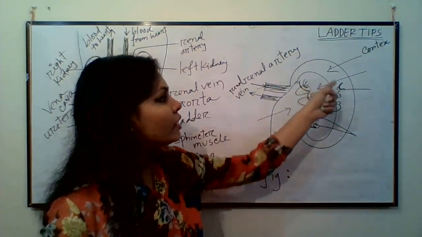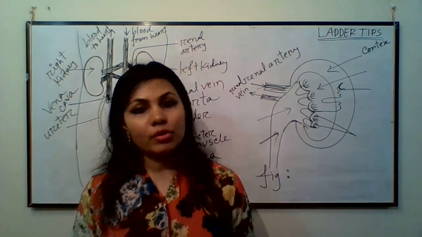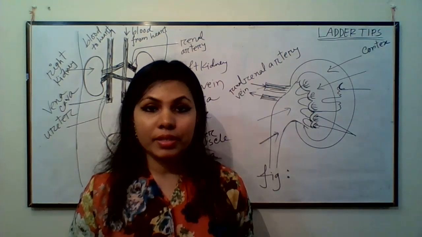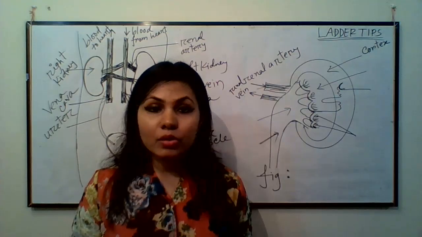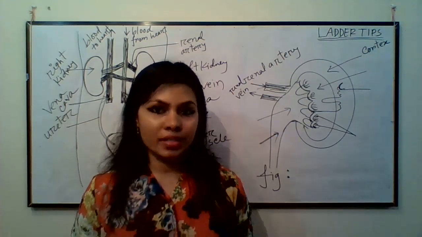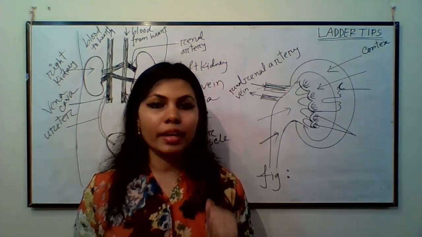But this cortex also has other microscopic tubules, but these are not blood vessels. These are microscopic and they are called the filtering units, and also they are called the kidney tubules or nephron.